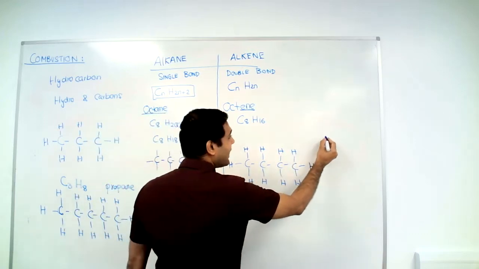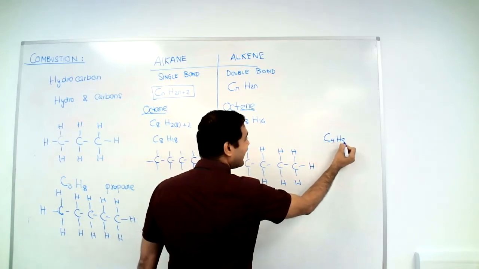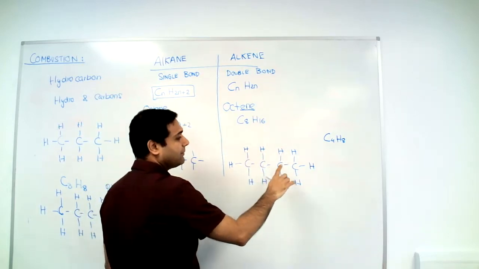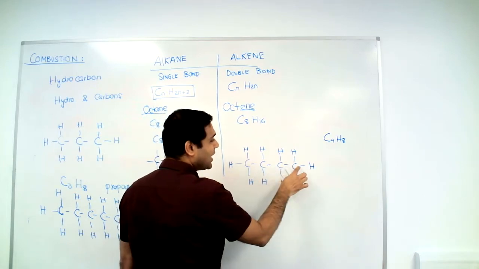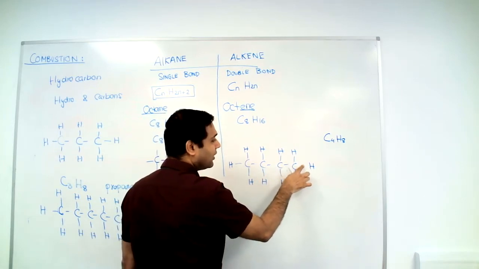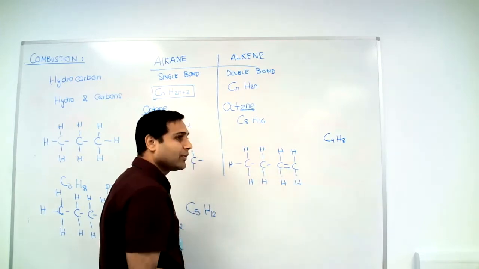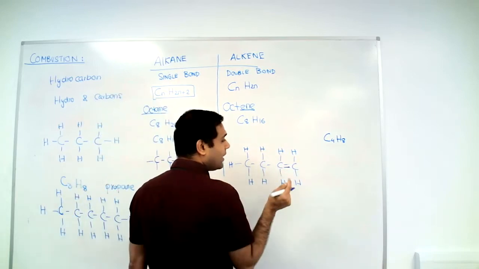Now, butene has C4H8. Here, I have 2 extra H's, so I need to get rid of those. Let's say I get rid of this bond and put a double bond here. If I put a double bond here, I get rid of 1 hydrogen, so I still need to get rid of 1.